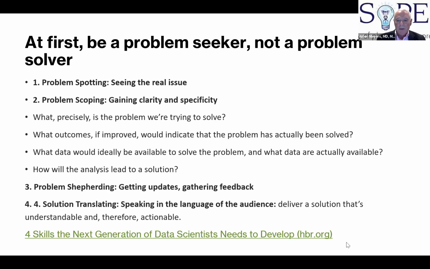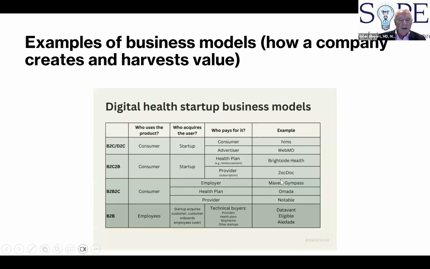Somebody wants me to go back a minute. Let me go back. Okay, so what do these things mean? B is business, C is customer. Sometimes there's an intermediary such as the advertiser, the person that's paying for the link between, for example, a two-sided market. So it's basically a dating service, like, for example, Match.com.